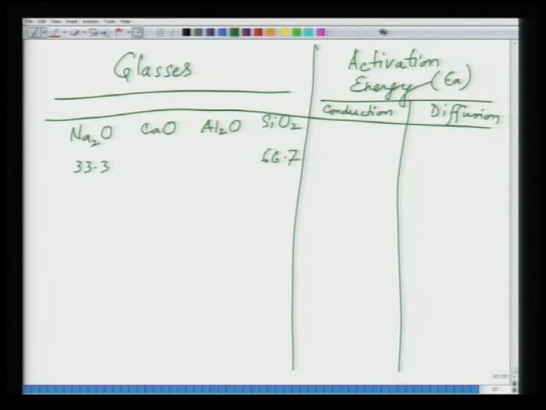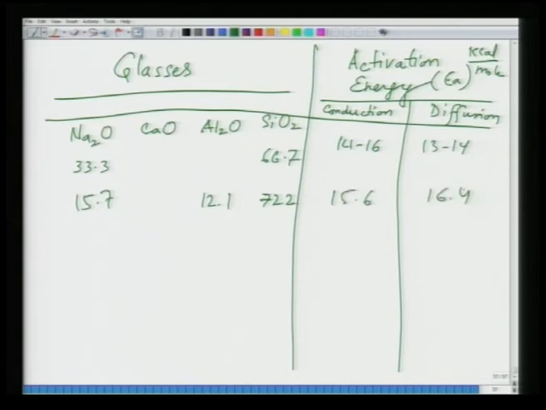So the conduction values work out to be 14 to 16, and these work out to be 13 to 14. This is in kilocalorie per mole, you can write the units. So there is a fairly reasonable match between the two values. For some other glasses, if you take 15.7, 12.1 and 72.2, again the values are 15.6 and 16.4, not too far, they are in reasonable agreement.